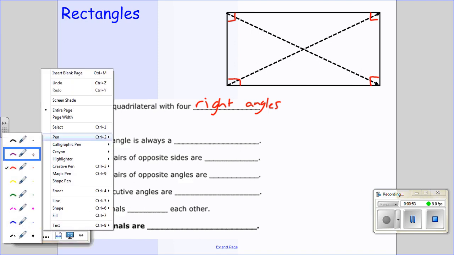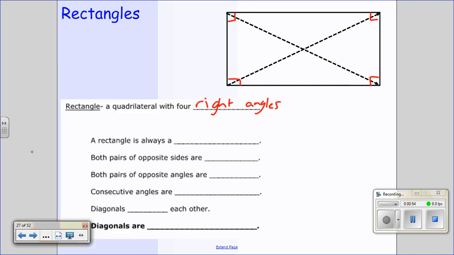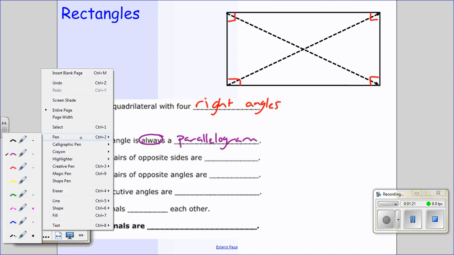Next thing we need to make sure we make note of is a rectangle is always a parallelogram. So all of the properties we talked about last time hold true for a rectangle as well. In other words, both pairs of opposite sides are parallel.